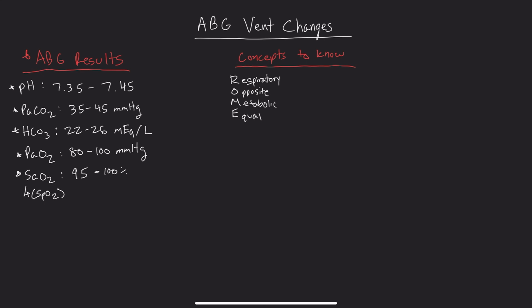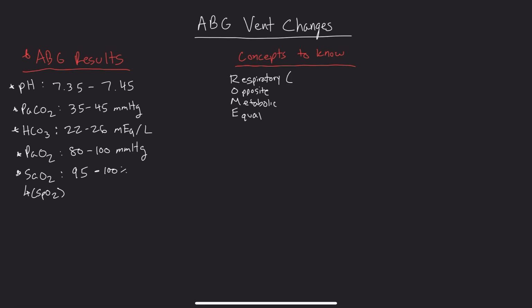So when in this mnemonic, when it's talking about respiratory, this is referring to the partial pressure of CO2 result. So it's referring to this value here. When it says opposite, this is referring to the pH value. Metabolic is going to be referring to the bicarb value, and equal is going to be referring to the pH.